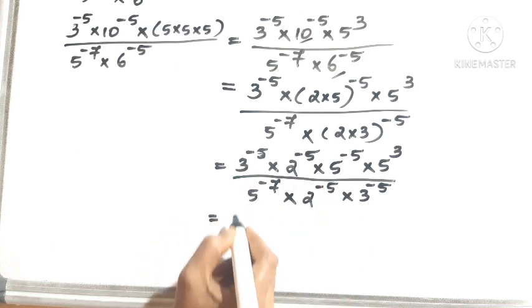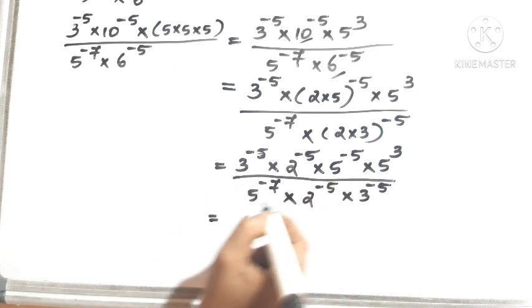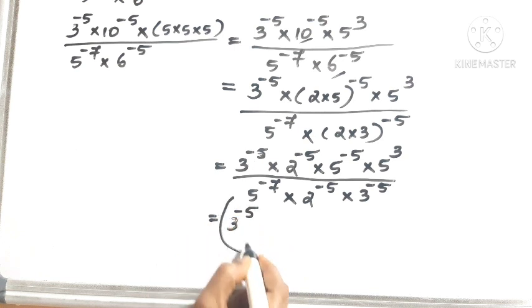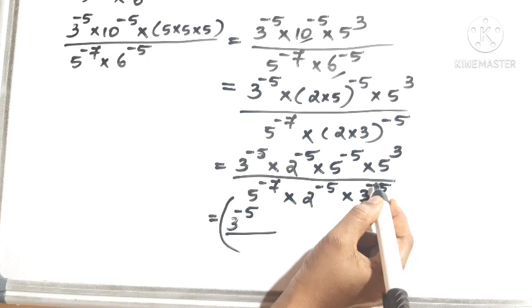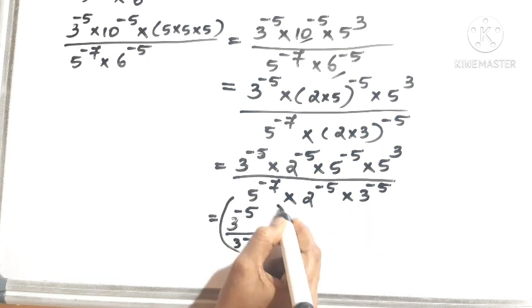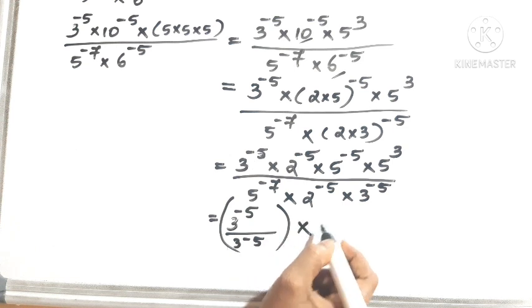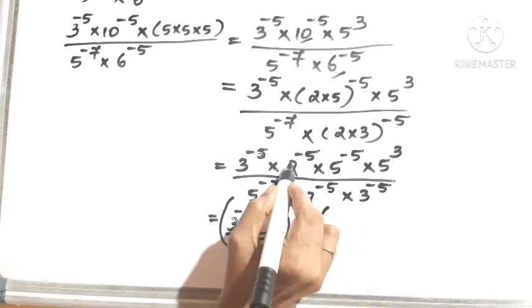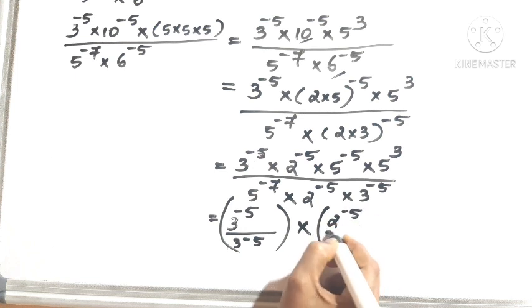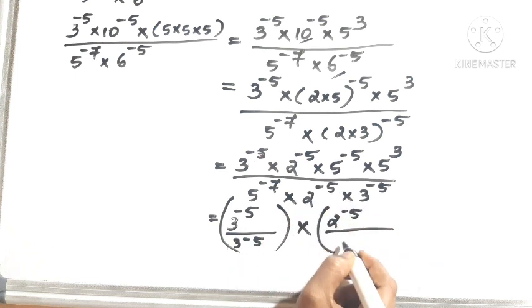I am going to rearrange 3 raised to minus 5 divided by 3 raised to minus 5, okay, into, in second bracket, 2 raised to minus 5 divided by 2 raised to minus 5.